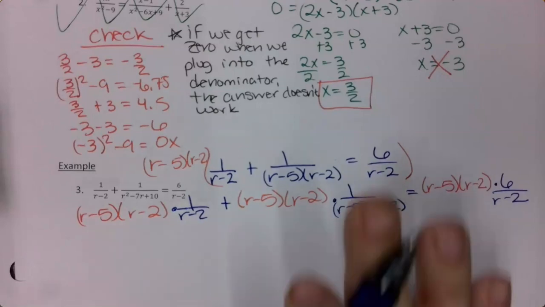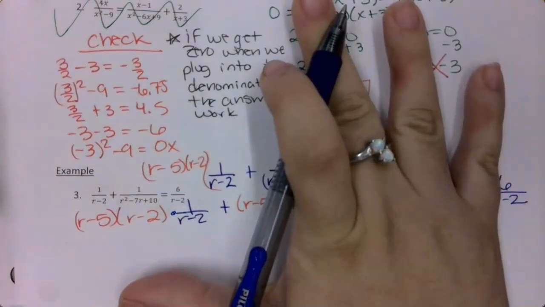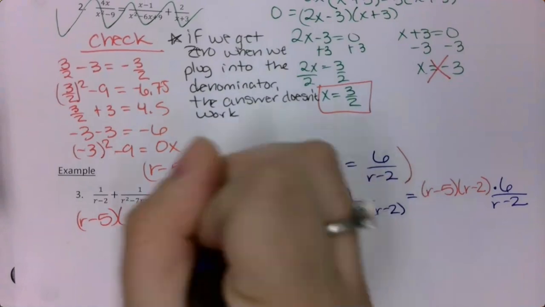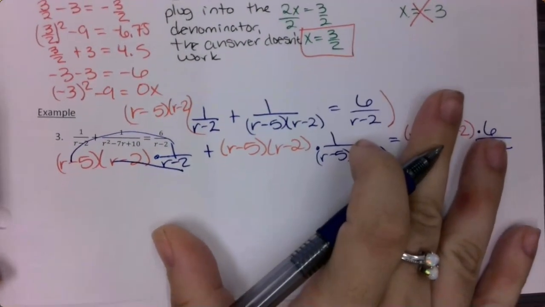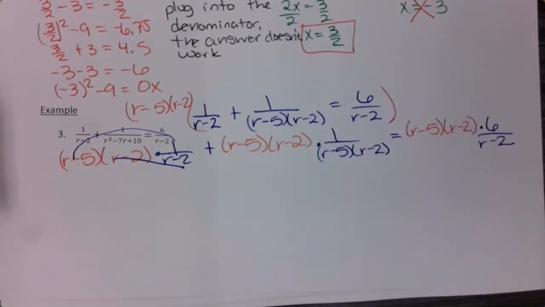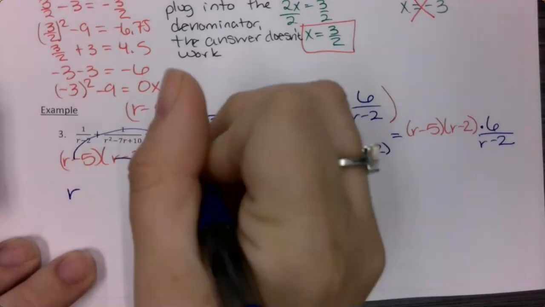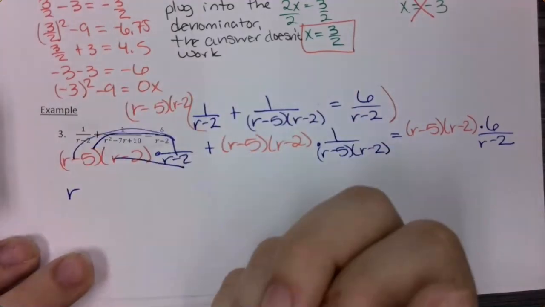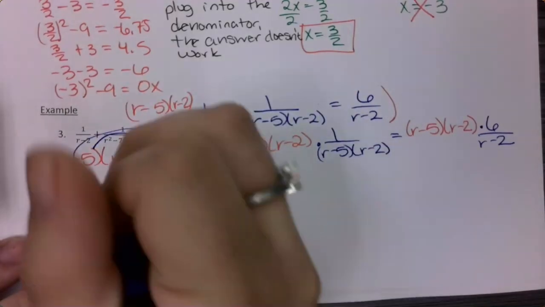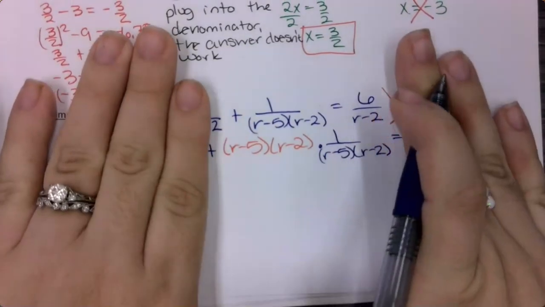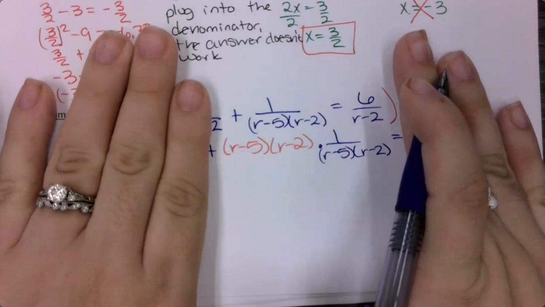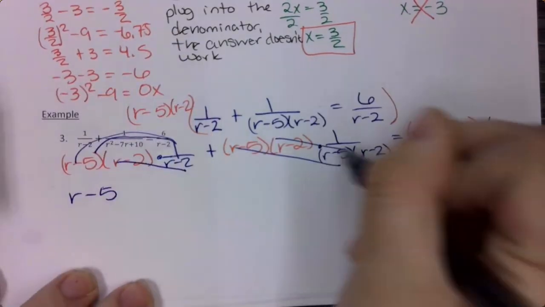Okay, so what can I cancel out of my first one? R minus 2. Then I have 1 times R. What is 1 times R? R. 1 times negative 5. On my middle term, what can I cancel out? Yep. I can cancel out everything.